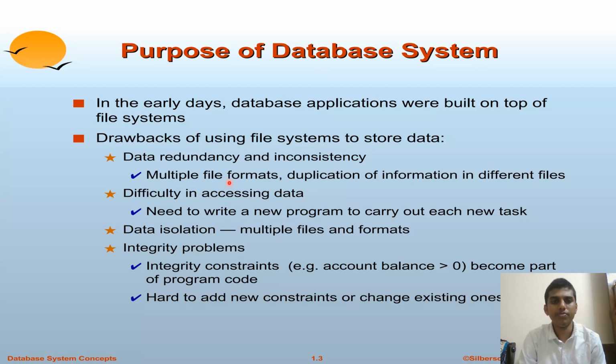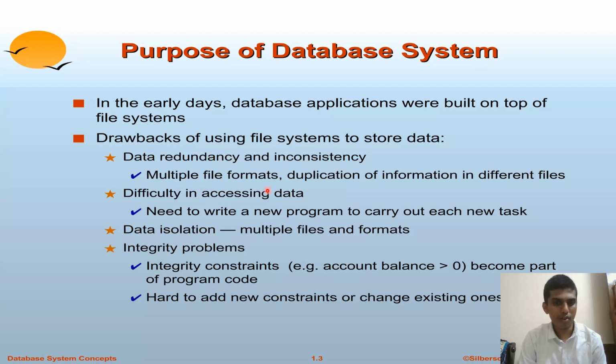Purpose of database system. So what's the purpose of database system? In the early days, database applications were built on top of file systems. So instead of database systems, in early days they were using file systems. Let's see what are the drawbacks of file system. First one is data redundancy and inconsistency.